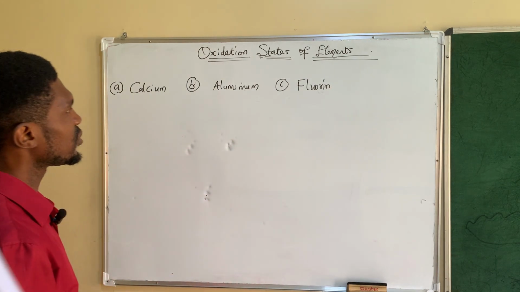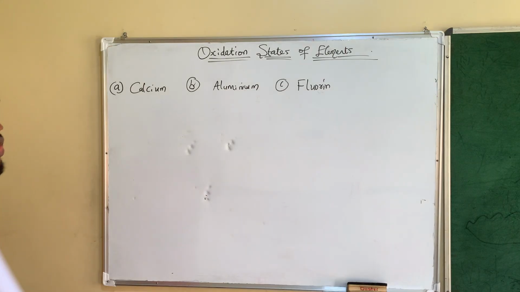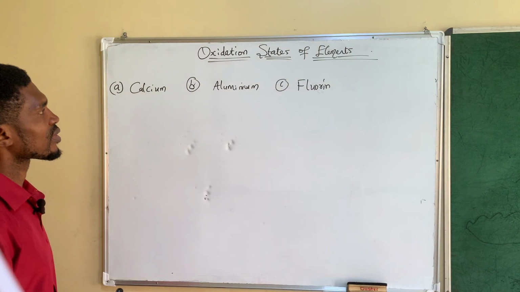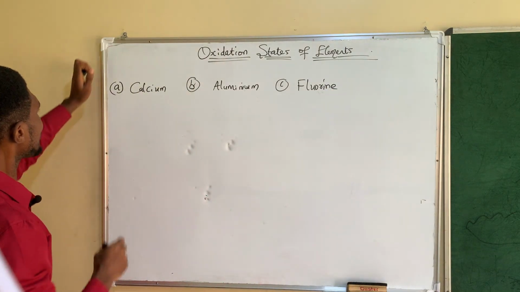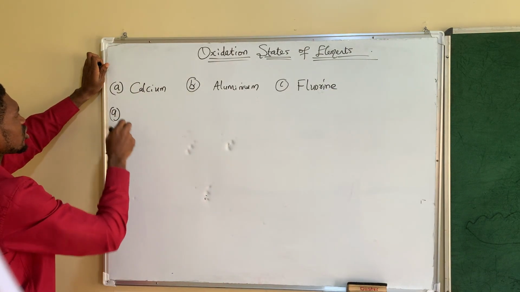So, how do you find out the oxidation states? The first one is calcium.